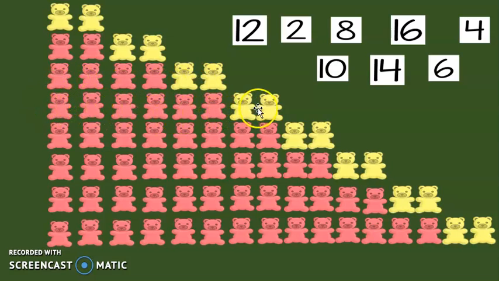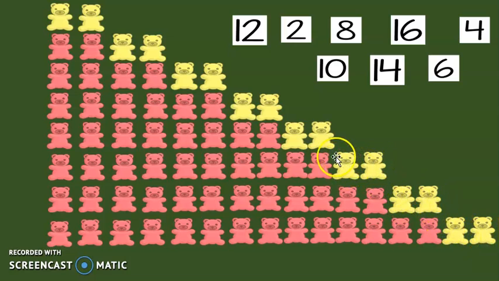How many yellow bears are there? 2. There's only 2 yellow bears again. Let's move to the next row. Here we go again. How many yellow bears are there? 2.